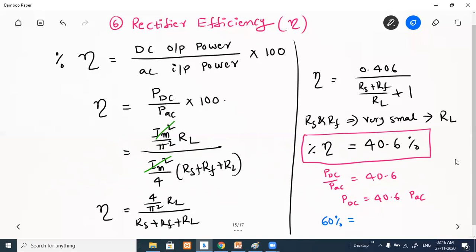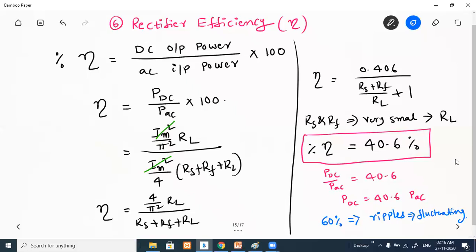appears in the output as ripples, which is the fluctuating component. Only 40.6 percent of AC input power is converted to DC, and the remaining 60 percent will appear as ripple content, the fluctuating content.